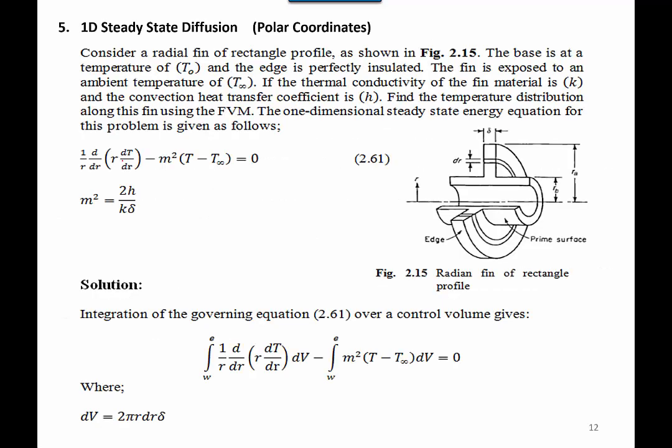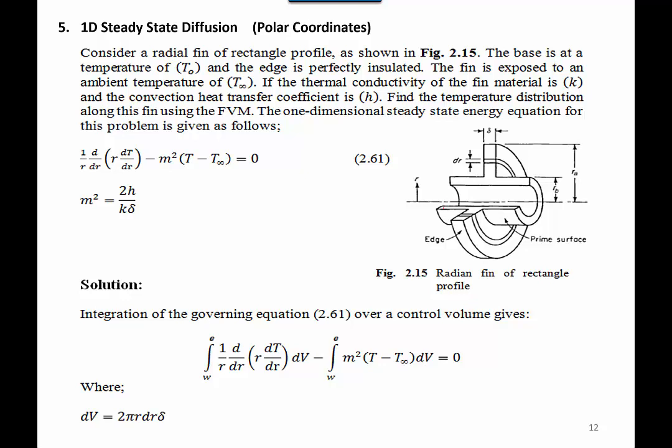So in this way we end with the Cartesian coordinate system, and we change to the polar coordinates, as we see here for the steady state diffusion problem. For the polar coordinates, we have figure 2.15. As it is shown, there is a hollow pipe, in which flows a hot or cold fluid, and there is a circular fin which is attached to this pipe in order to dissipate the heat of this fluid to a coolant.